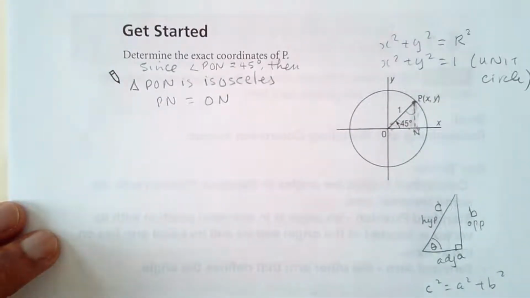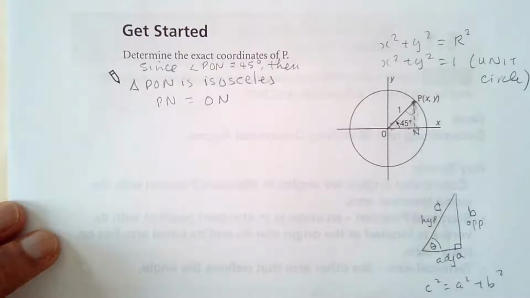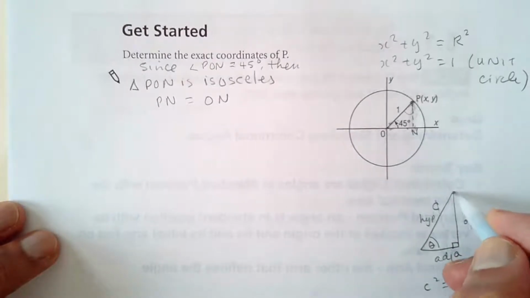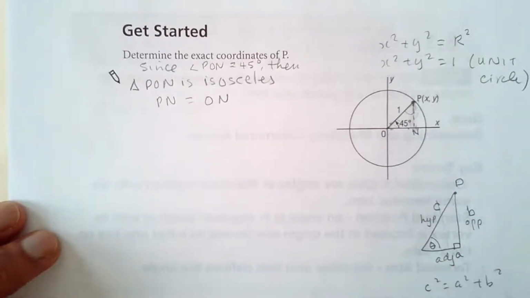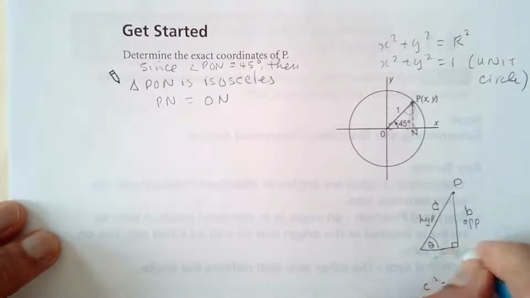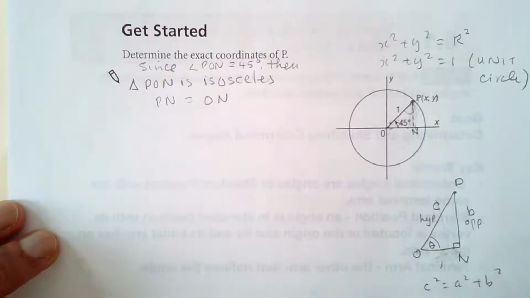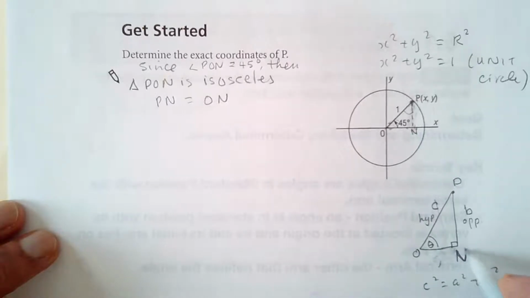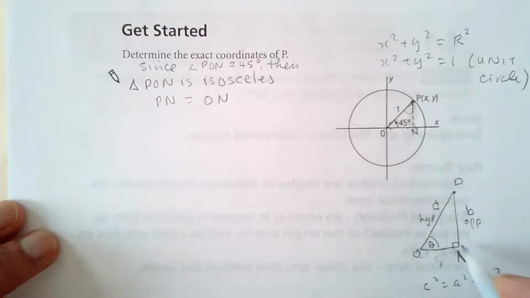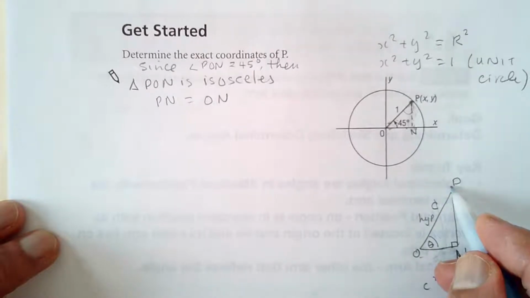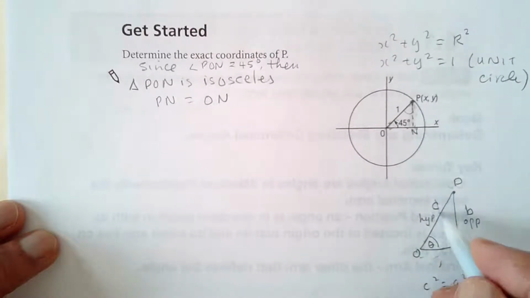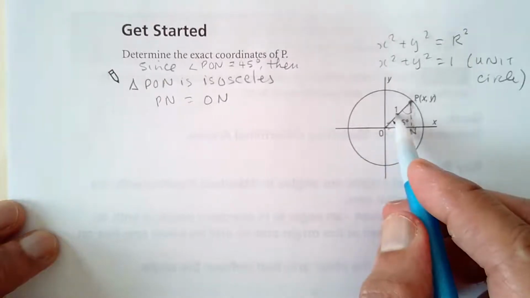Now, if we're going to use the Pythagorean theorem, this is P, and I'm going to transfer this as N, and this is O. So we say ON squared plus NP squared is equal to 1, in this case C squared.